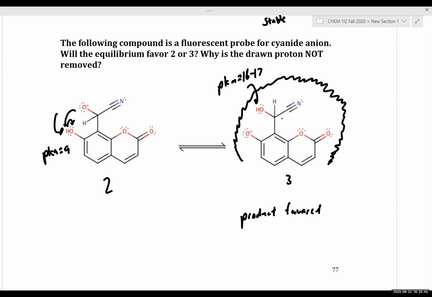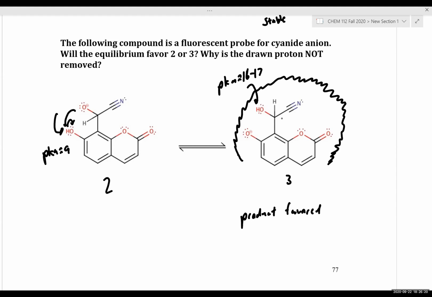Does that make sense to everyone? So this showcases how deliberate design and preparation of a molecule with a very well-defined and specific structure can allow you to create a molecule that is usable for a very well-defined and quite useful purpose.